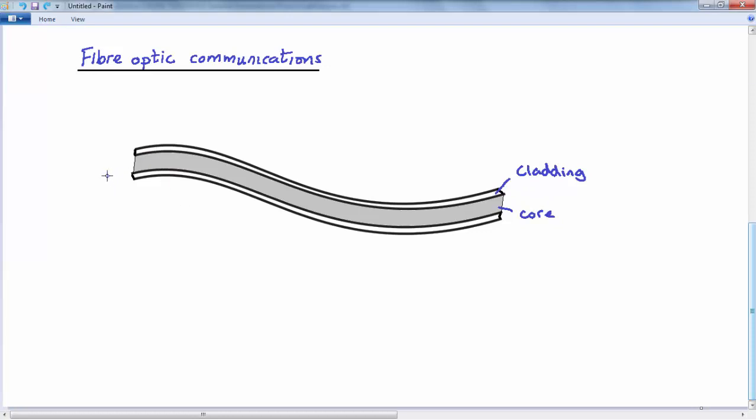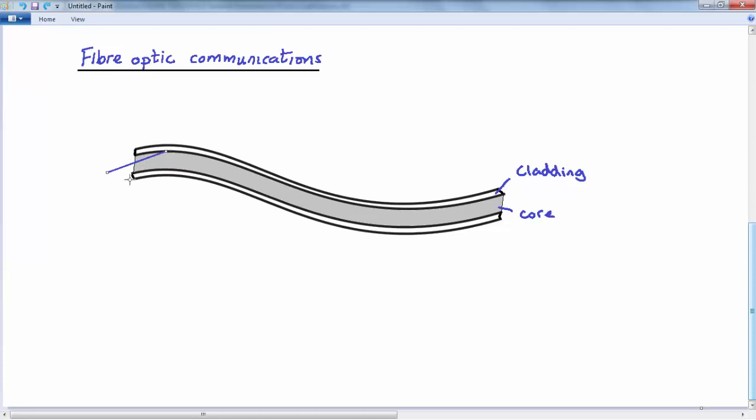Now, the thickness of the core is chosen such that whenever a ray of light passing down the core is incident on this boundary, its angle of incidence will always be greater than the critical angle.